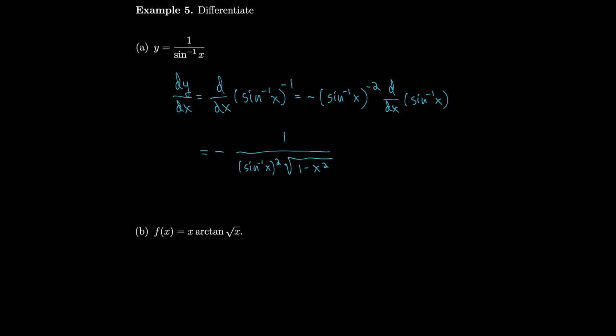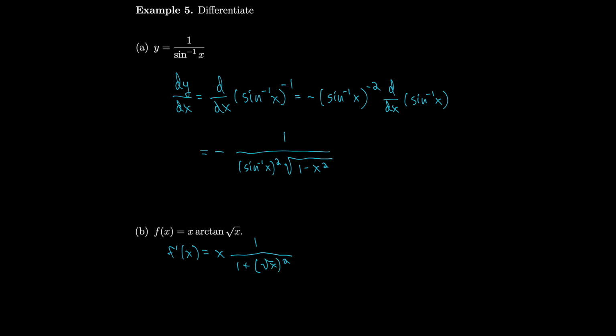Let's differentiate x times arctangent of square root of x. Well, now it looks like we have to use a product rule. So f prime of x is just x, that's our first function, times derivative of arctangent of square root of x, so that's 1 over 1 plus, instead of x, it's square root of x squared.